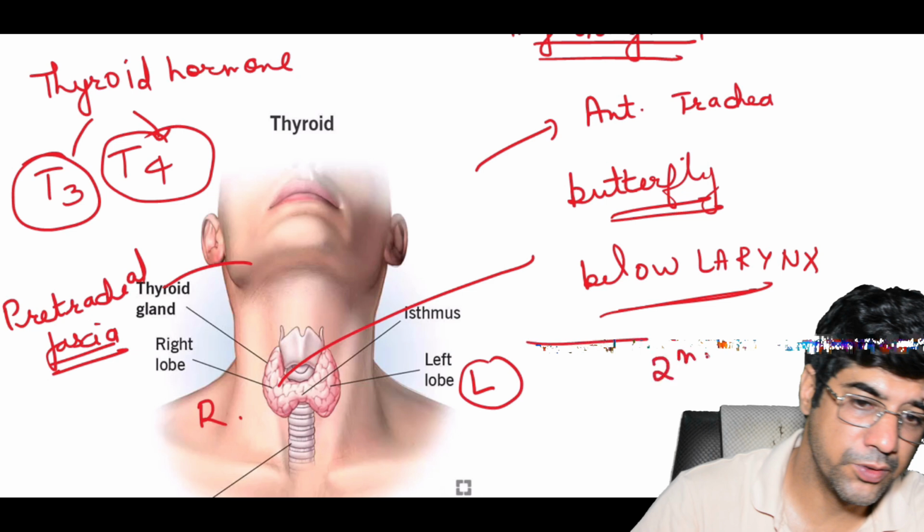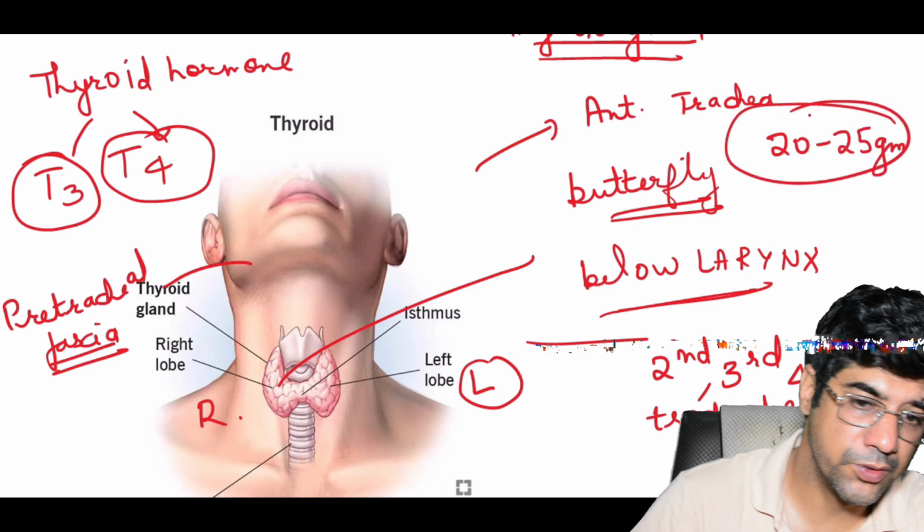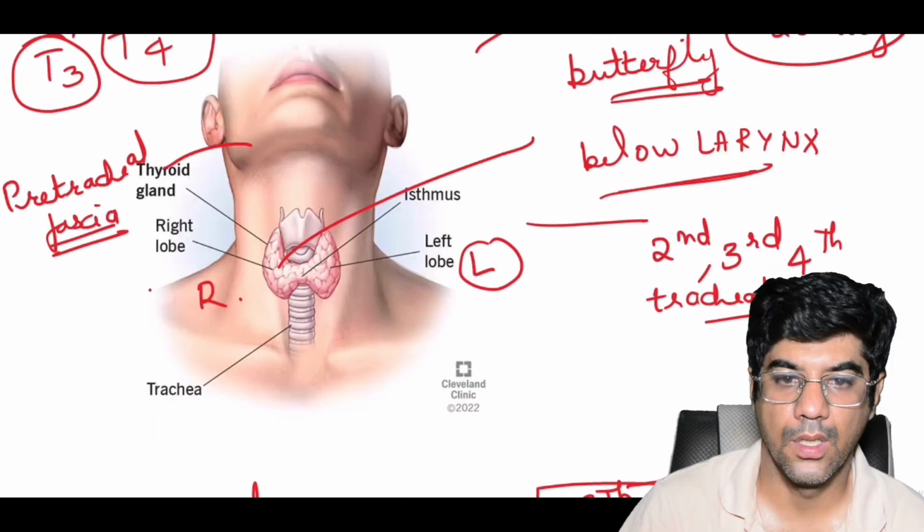These two lobes are connected by a central isthmus that lies at the second, third, and fourth tracheal rings. Remember the weight of a typical thyroid gland is 20 to 25 grams.